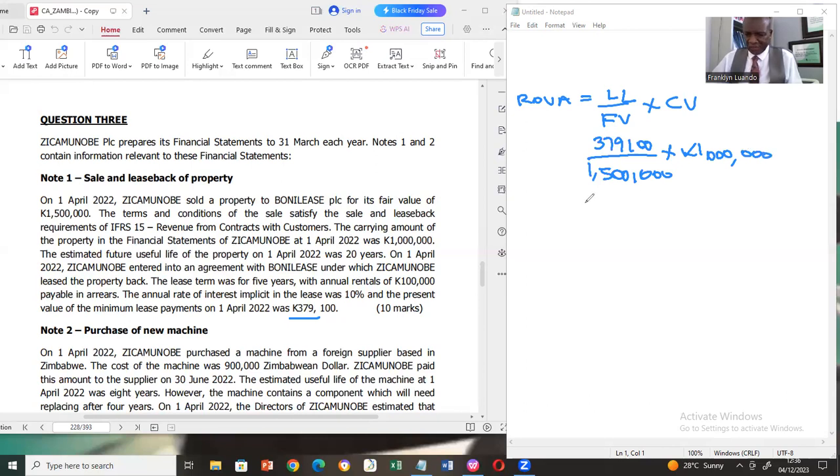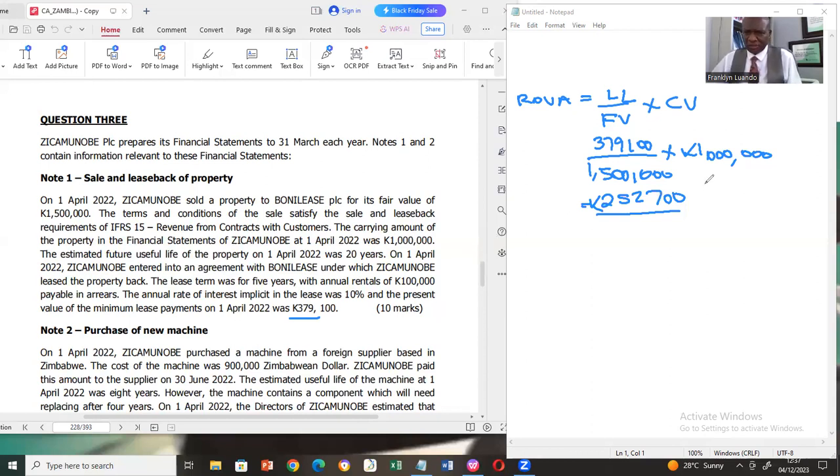To the nearest figure, this will give us 252,700 kwacha. This will be the right of use asset under IFRS 16.